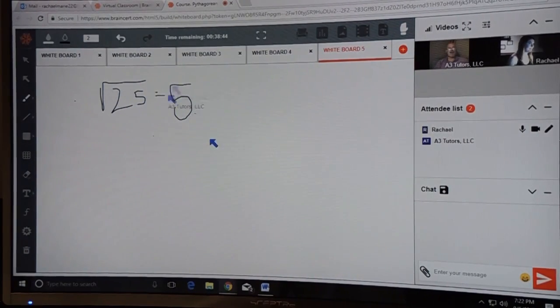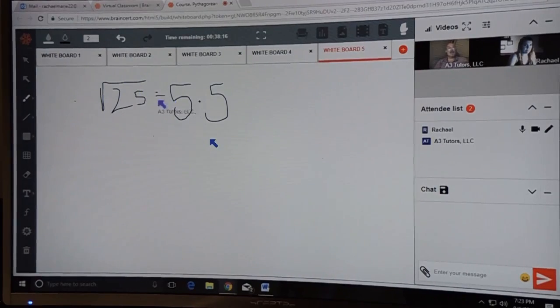Correct answer, but why is that the correct answer? Because they're equal. So, yes, it's 5 times 5. When you have a perfect square, that number has to be multiplied exactly by the same number to come up with 25.